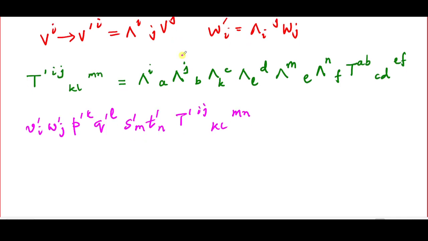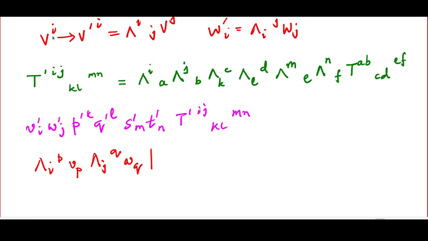Now, V prime I is of course lambda I. Well, I cannot use ABCD once again because I will use ABCD for the transformation rules for this. So, let's move on to P, Q, R, S and so on. Lambda IP, VP, lambda J, Q, WQ.